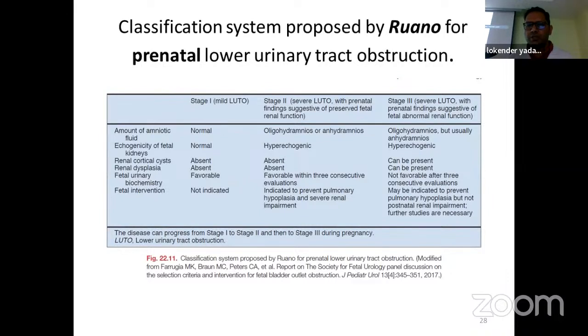In stage 3, fetal intervention may be indicated to prevent pulmonary hypoplasia, but postnatal renal impairment requires further studies. The disease can progress from stage 1 to stage 2 and then to stage 3 during pregnancy.